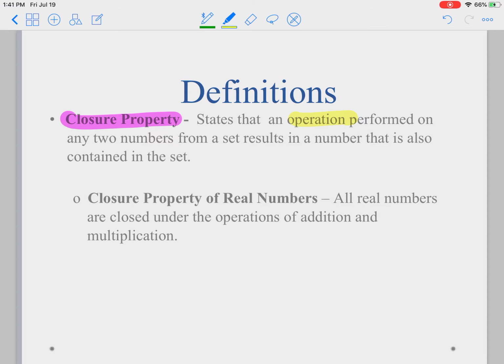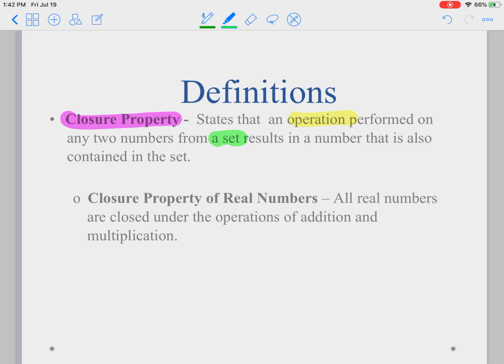Now this is singular because we have a set. So from the set of, we could say real numbers. We could also say from integers. Our integers is a set. Our natural numbers is a set. Irrational numbers is a set.